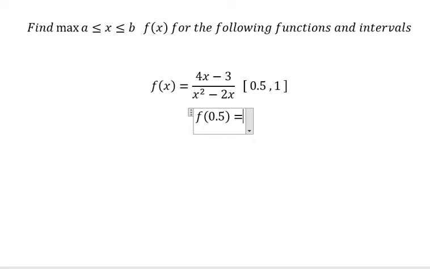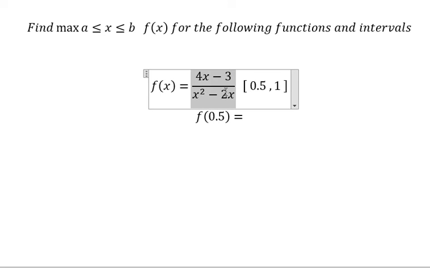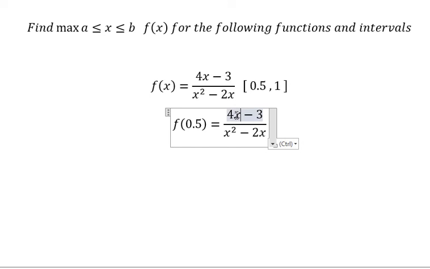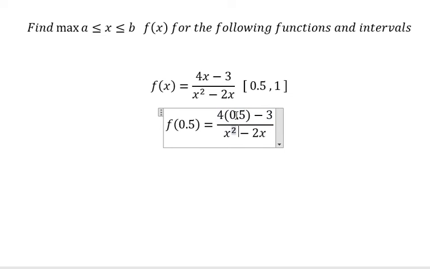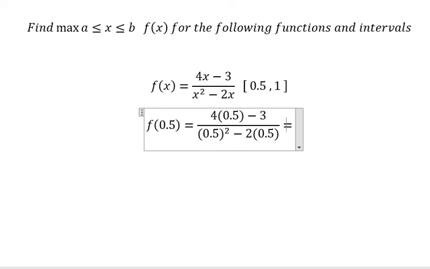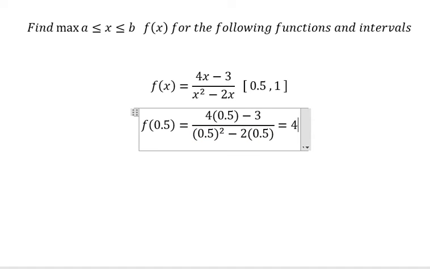So this one, we put 0.5 in here and 0.5 in here. So we have 4/3.